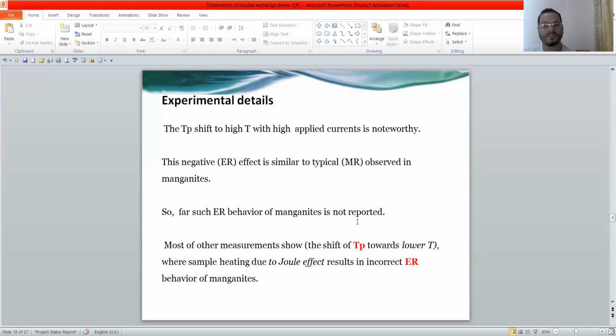Most other measurements show the shift of peak temperature towards low temperatures, where simple heating with Joule effect results in incorrect electric resistance behavior of manganites. These are important notes in this slide.